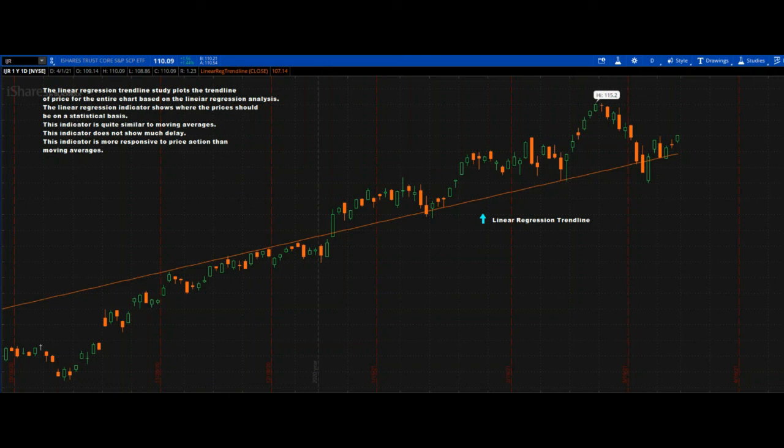It does not show much delay, and it is more responsive to price action than moving averages. Basically, we can analyze over here that prices have gone quite far from the trend line, and from here, prices have gone quite far from the trend line.